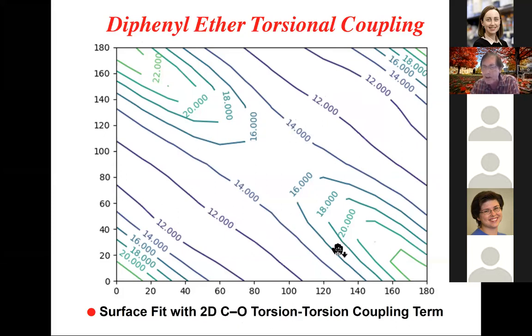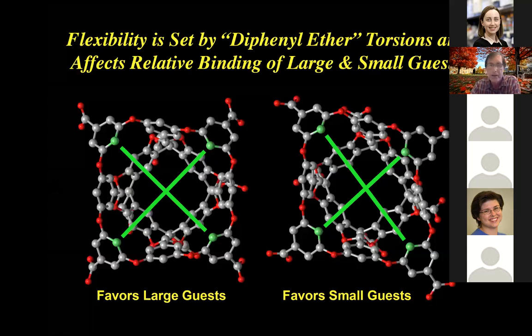It's difficult to fit that with standard 1D torsional potentials. So for our model, with the Amoeba model, we've used a torsion-torsion coupling term to include those torsion angles.